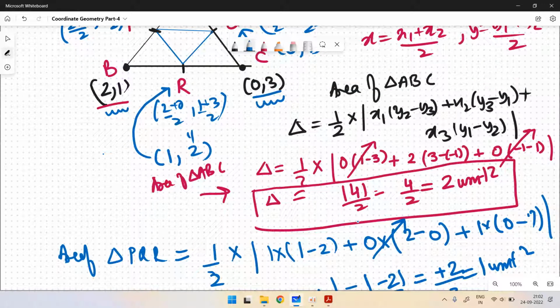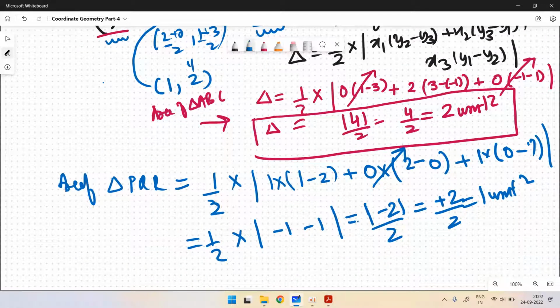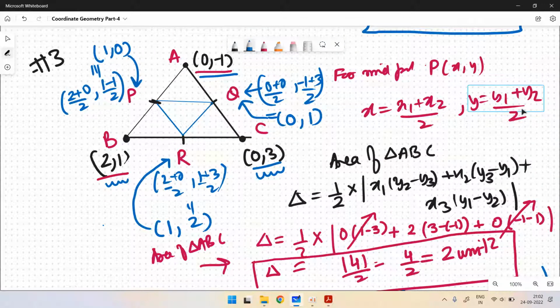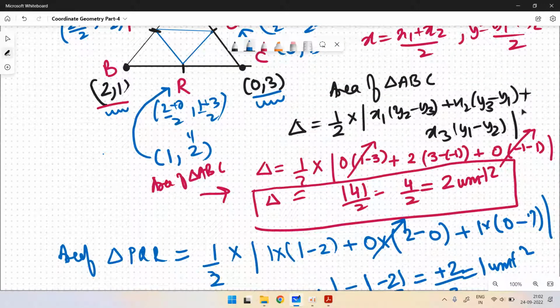Area will be 1/4, but if you calculate the area of triangle PQR, the area is coming to be half of this. I think I have done some mistake here. Sorry. Yes, I have seen my mistake.